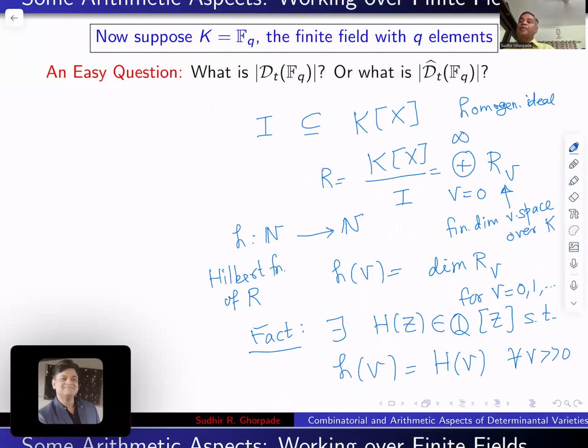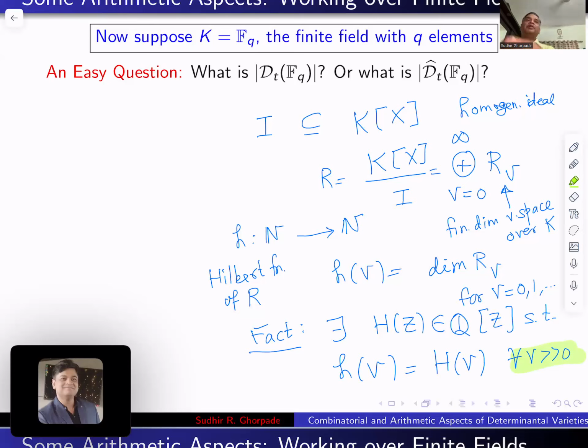In the case of determinantal varieties, this Hilbert function itself turns out to be a polynomial. So instead of saying for all large enough v, it is actually for all non-negative integers v. Abhyankar called such ideals Hilbertian ideals, but maybe that's not so popular a phrase. In any case, that's an important property.